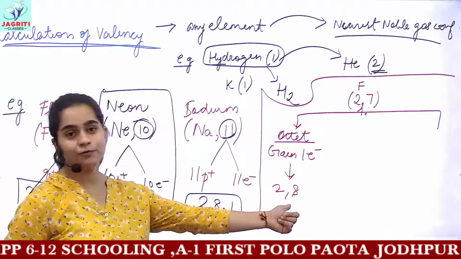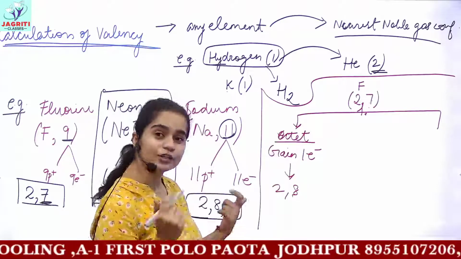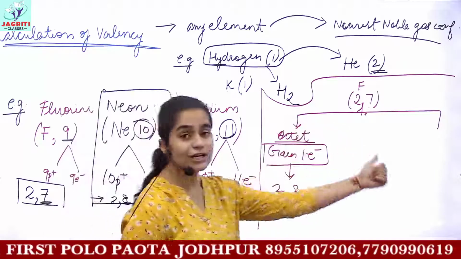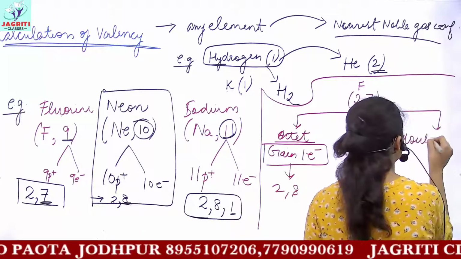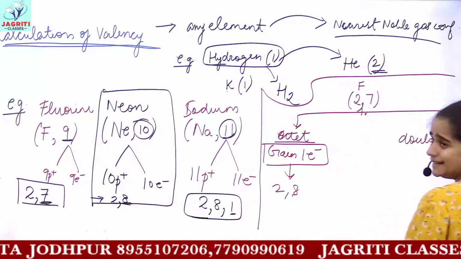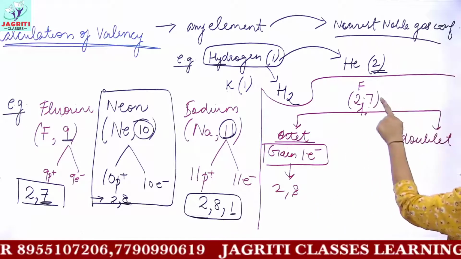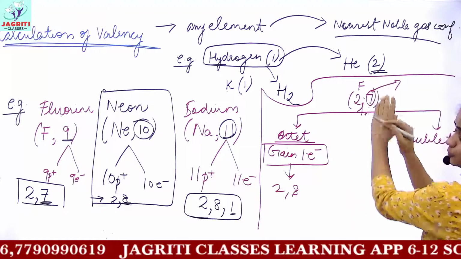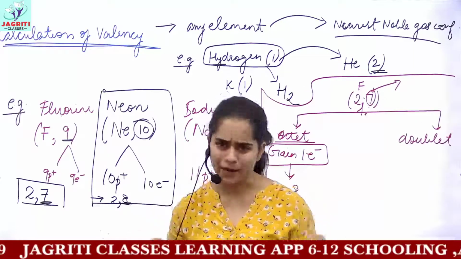This would be the configuration for fluorine if it follows the octet rule and gains 1 electron. Now the next condition is if it tries to follow the doublet rule of stability. If fluorine removes all 7 outer electrons, it would be left with 2, and 2 electrons present in the K shell is quite stable.